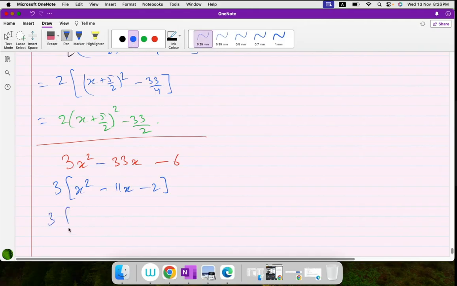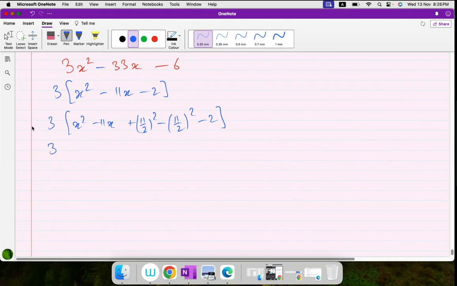So 3 stays outside. This is x square minus 11x. Half of 11 is 11 by 2, square minus (11 by 2) square minus 2. So we close the first three. x copied, negative copied, 11 by 2 copied, whole square. When we open this (a minus b) whole square, we'll get this answer. So basically it is the reverse of that. Minus 121 by 4 minus 2.